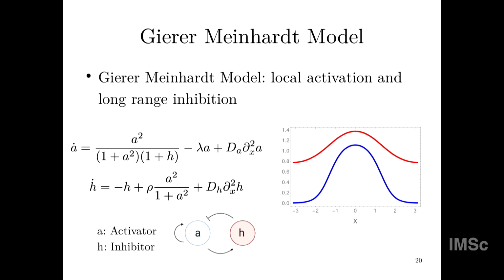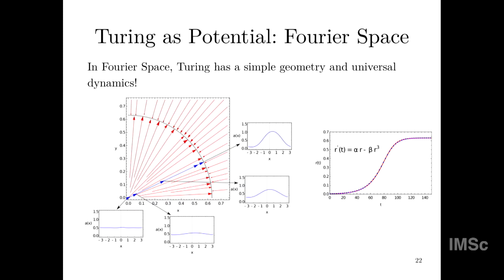Activator-inhibitor is the most usual one, and even though there are some biological examples where you can identify the activator and inhibitor, in general it's very difficult to figure out what the activator and inhibitor are in a biological system. So to think about it from this potential viewpoint, you're saying that really you just have some pattern in space that's starting from something that's homogeneous with small fluctuations, and then there's something that gives a bump.